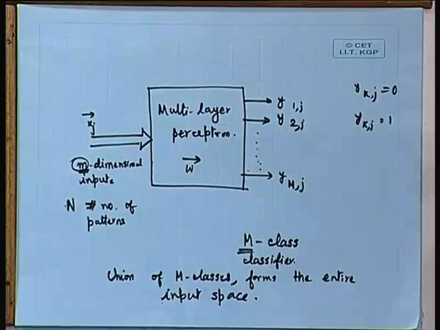Or another possibility, because we do not know the nature of the problem, is that it is not exactly binary, because after all we will be using activation functions like the logistic function or tan hyperbolic, sigmoidal functions which are essentially continuous functions. So, it can have values in between 0 and 1 as well, in which case the classification has to be looked upon based on some membership function.